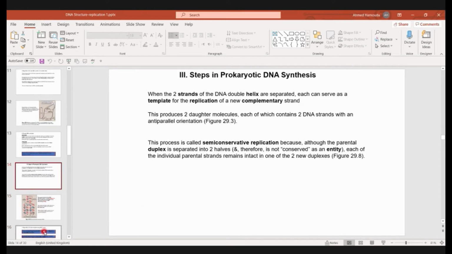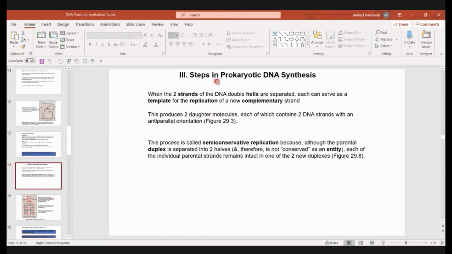So remember, these are all introduction. We want to see how the DNA is replicating. So we know now that we have 2 strands of DNA in the double helix. And during cell replication, as you know, one cell will divide into 2 cells.